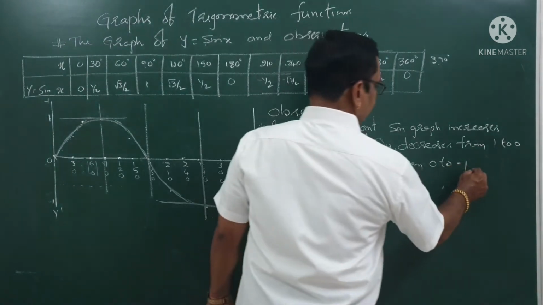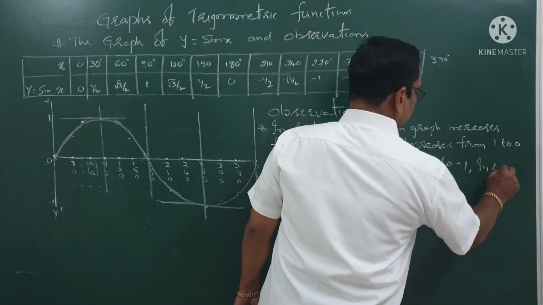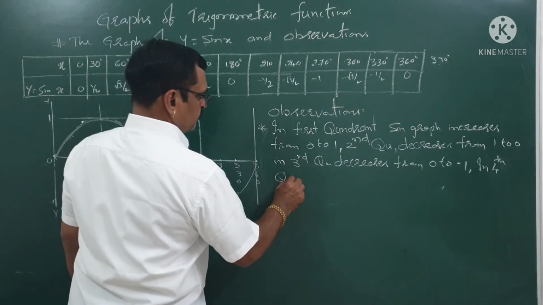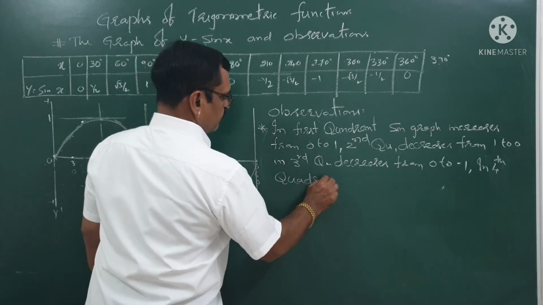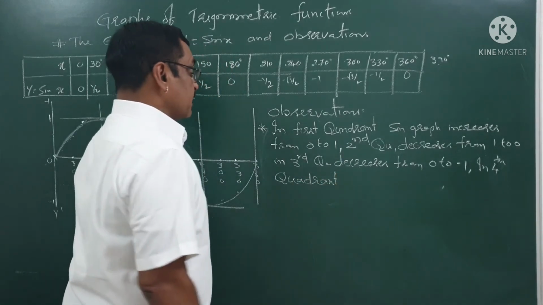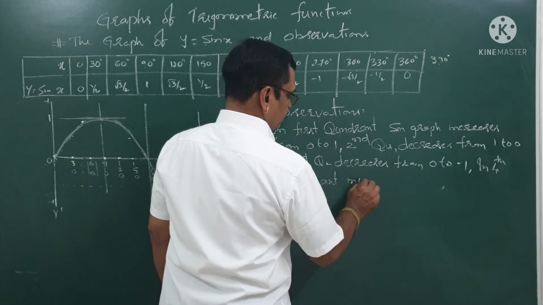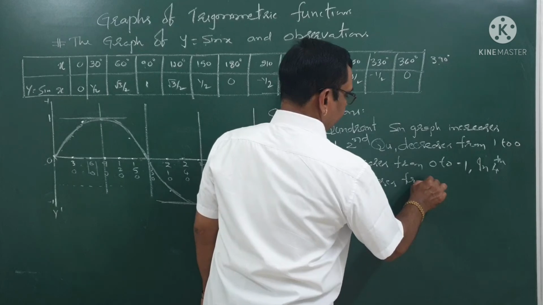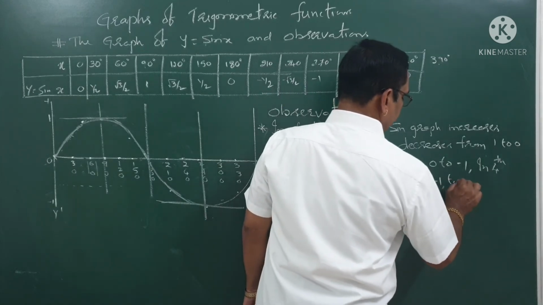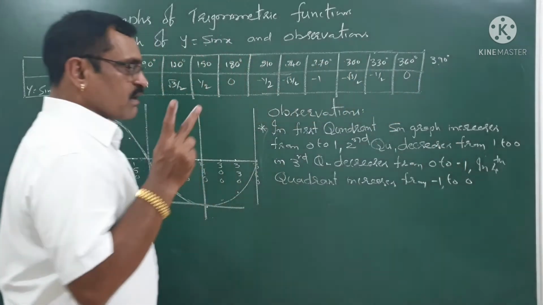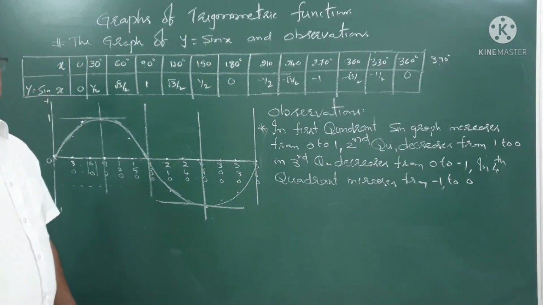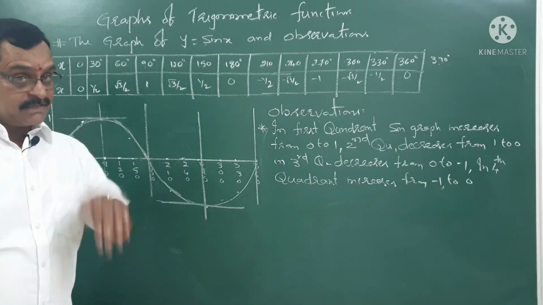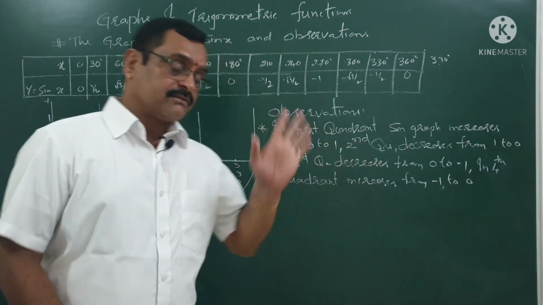Then finally, in the fourth quadrant, it increases from minus 1 to 0. In two quadrants it is increasing, in two quadrants decreasing. First quadrant increasing, second and third decreasing, fourth quadrant again increasing.